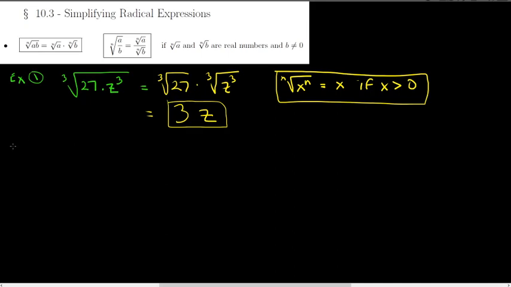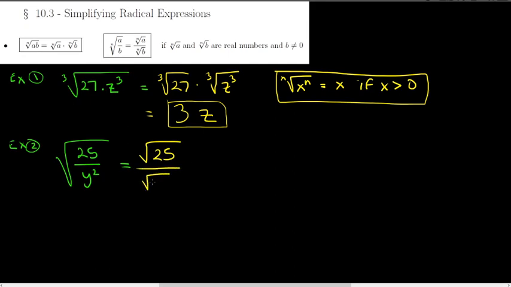So, we'll do another one. We'll do one with a fraction in it. Suppose I just have the square root of 25 divided by y squared. According to this, you can split this up as the square root of 25, and then just take the square root of y squared.